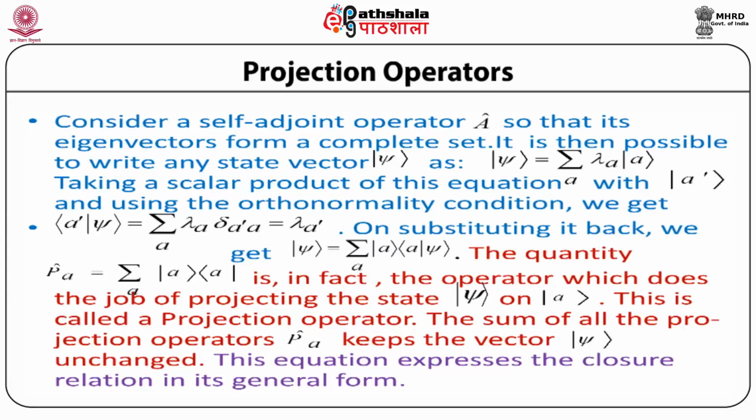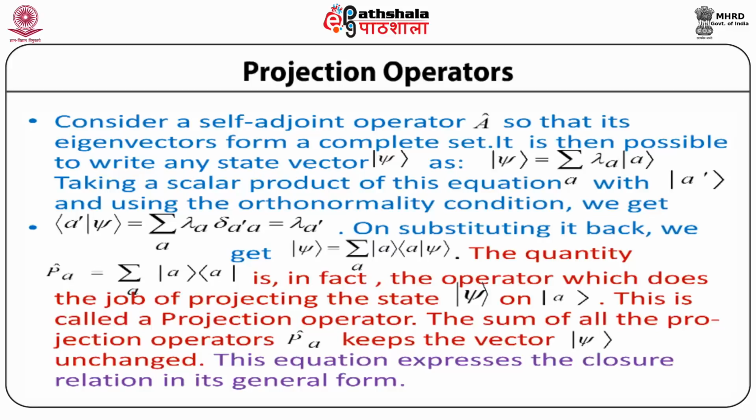So from this equation we can define a quantity which is called the projection operator P_A, such that the projection operator P_A is equal to Σ_A |A⟩⟨A|, and this projection operator basically does the job of projecting the state ket |ψ⟩ on the state ket |A⟩.